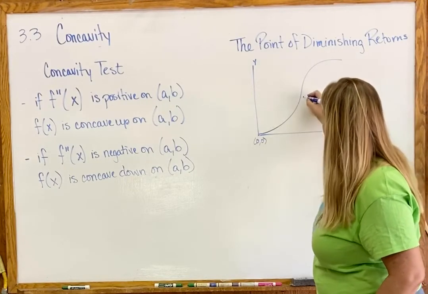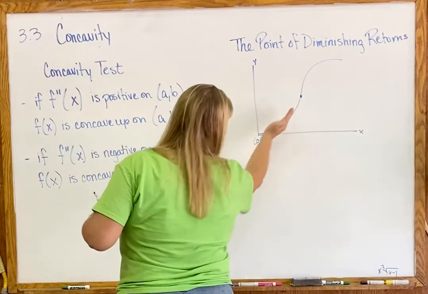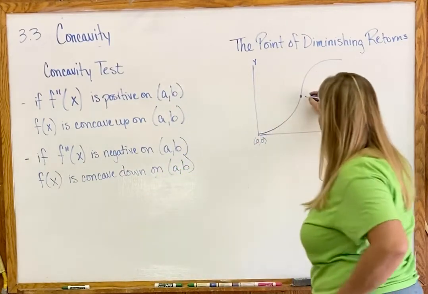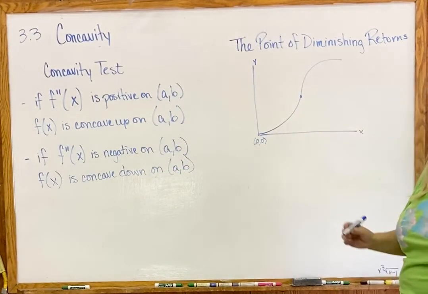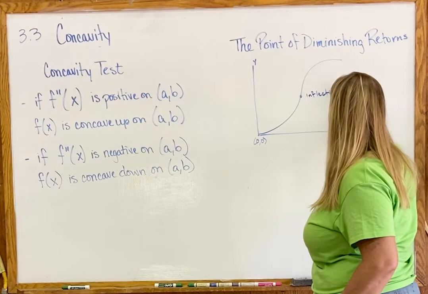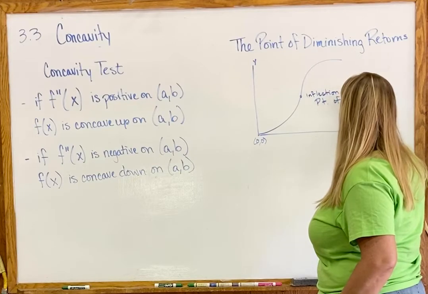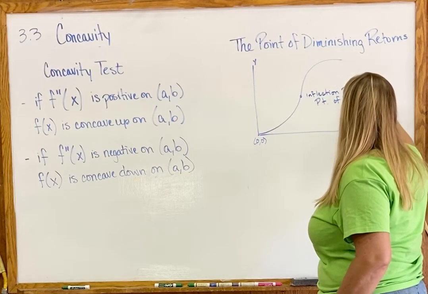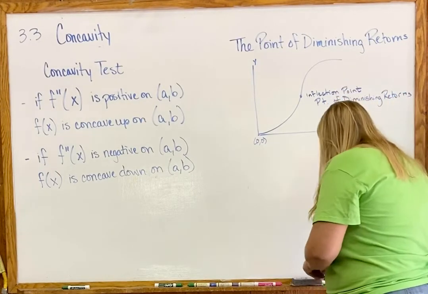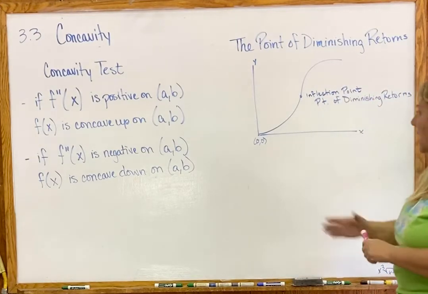Do you see how you have kind of the start of a bowl here, and up here you have kind of the start of the umbrella? So this point here is our inflection point. Okay, but that point now is going to be called the point of diminishing returns.